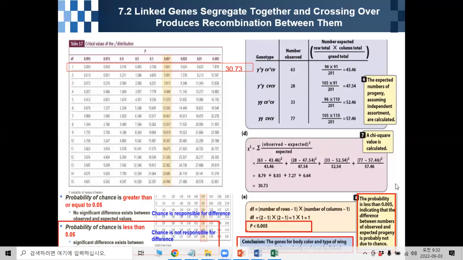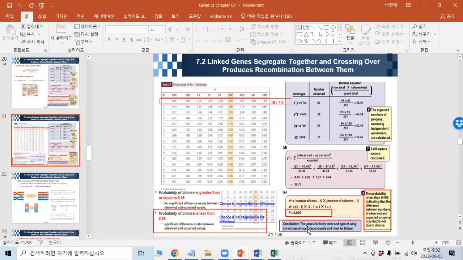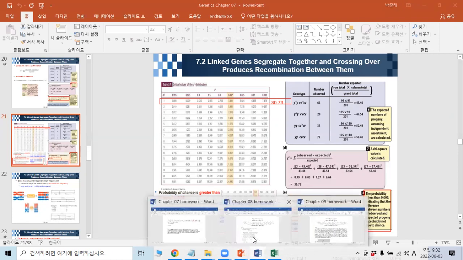So the gene for body color and the gene for type of wing are not assorted independently, because chance is not responsible for the difference. It means that they must be linked. It's like this.